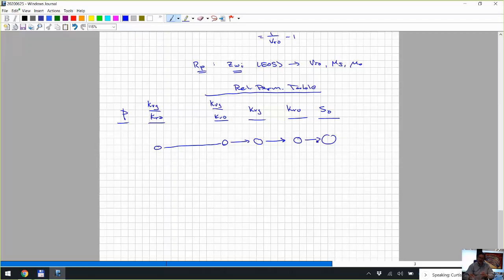But there is no relation between VRO and SO. This oil saturation here has nothing to do with the VRO calculated from the CCE. Nothing.